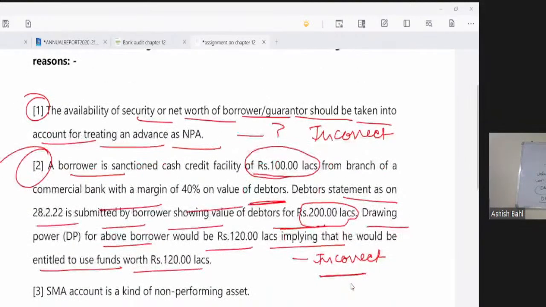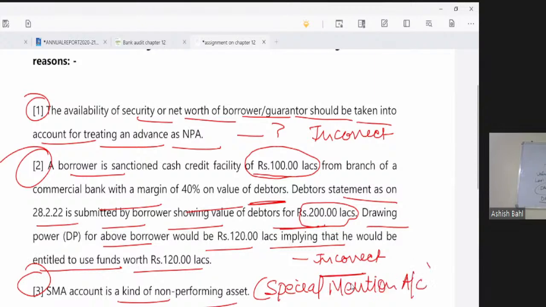Now the third question: SMA account is a kind of non-performing asset. You had understood this term the day before yesterday. SMA means special mention accounts, in advances.